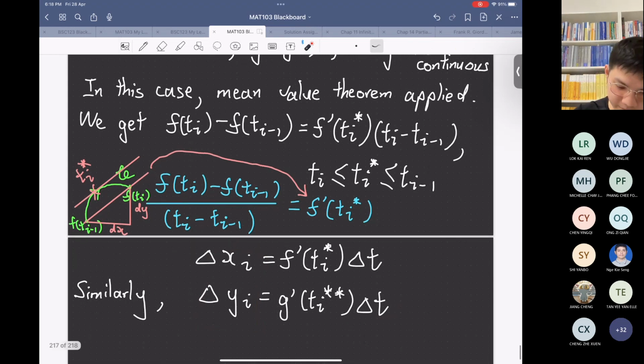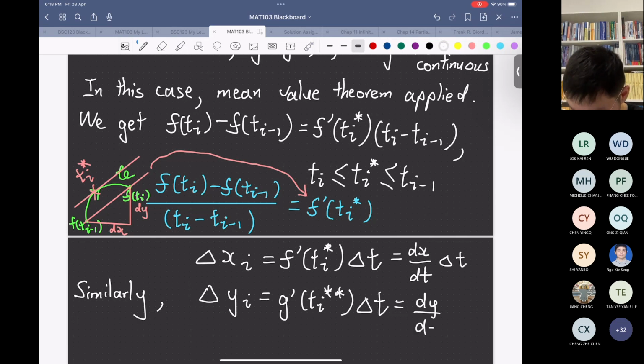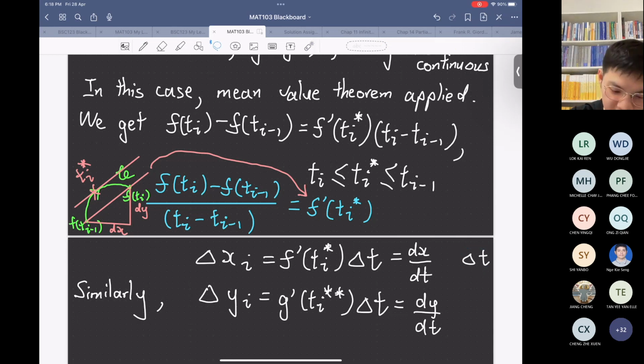So what is f prime ti star? It is dx over dt, and g prime is dy over dt. Don't confuse these with the dx and dy I wrote just now.